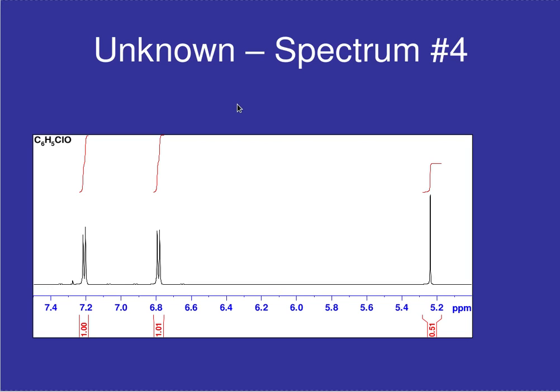The second point is have a look at the chemical shifts, and this chemical shift may be a bit indeterminate here, but it is interesting to note that these chemical shifts are in the aromatic region. And my first thought when you've got aromatic signals is that it's quite possible I have a benzene ring.